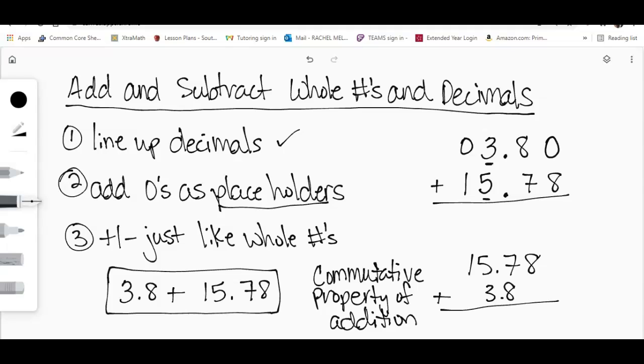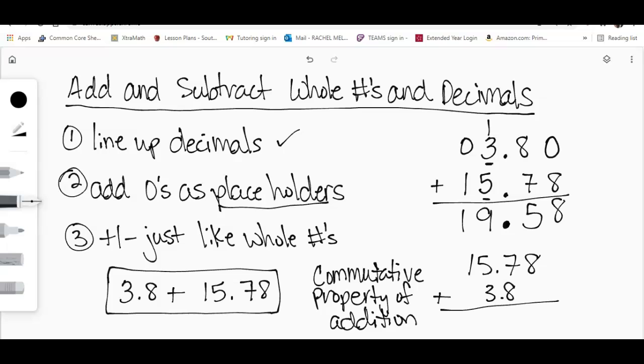And then I just add and subtract like whole numbers. So 0 plus 8 is 8. 8 plus 7 is 15, making sure that I place my decimal. 5 plus 3 plus 1 is 9, and then 1. So my answer here is 19 58/100.